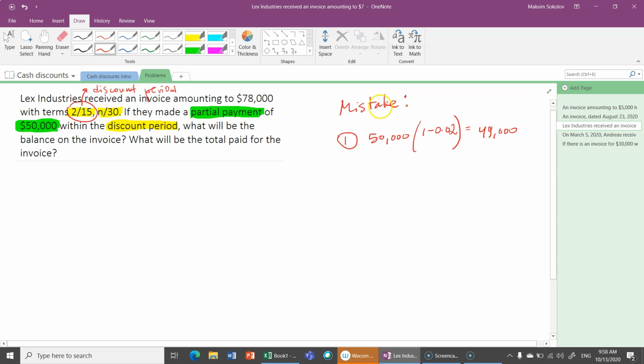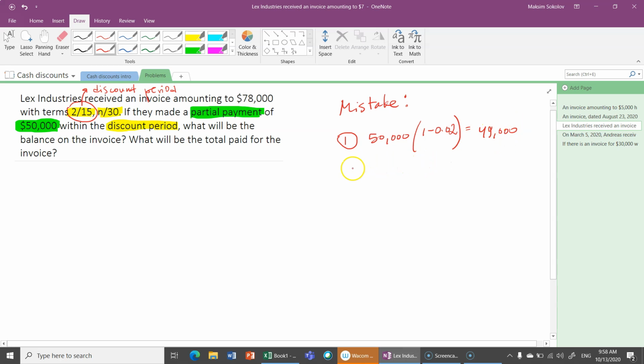Once again, I repeat, that's a mistaken way to solve this problem. They discount $50,000, that first payment, by 2% because it was paid within the discount period. So basically the company is supposed to pay $49,000.